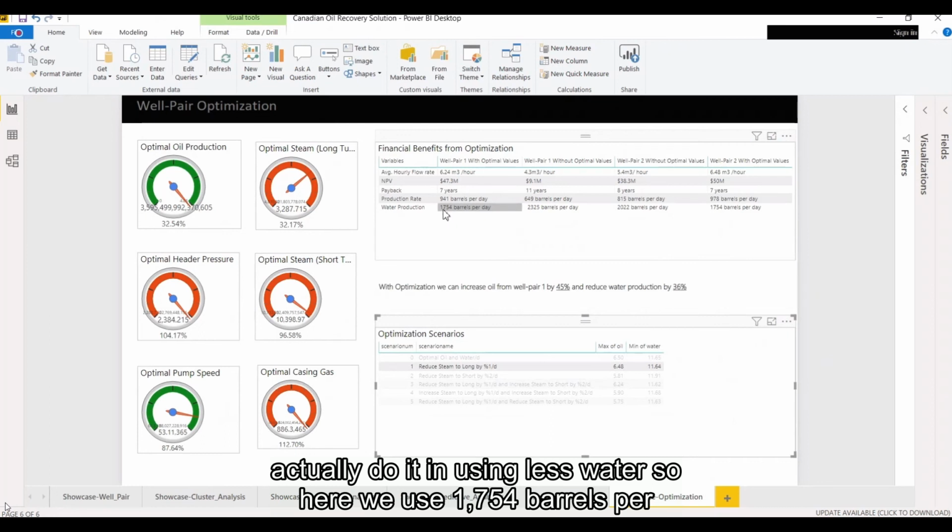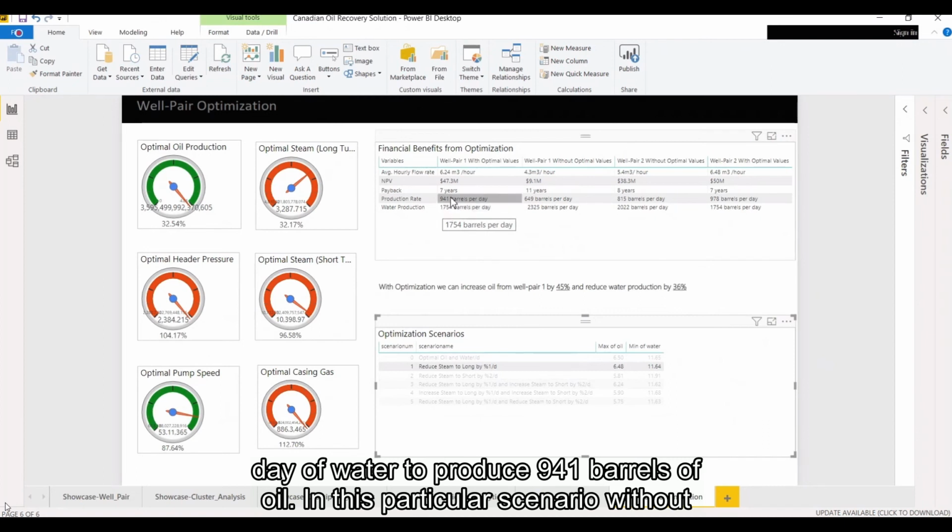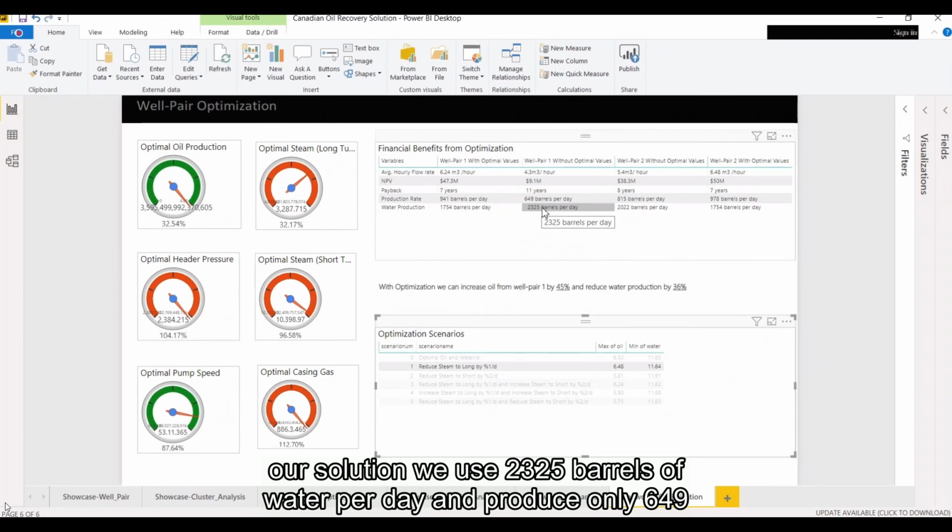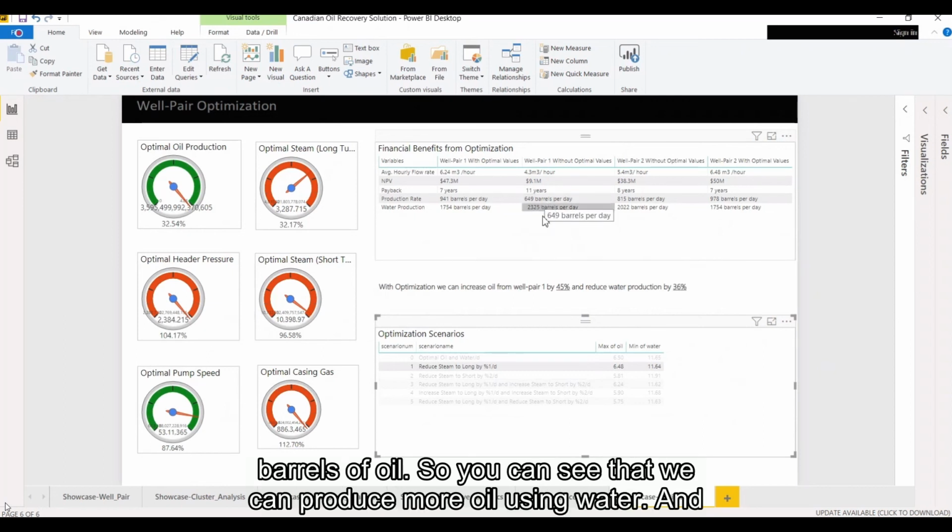So here we use 1,754 barrels per day of water to produce 941 barrels of oil. In this particular scenario, without our solution, we use 2,325 barrels of water per day and produce only 649 barrels of oil. So you can see that we can produce more oil using less water.